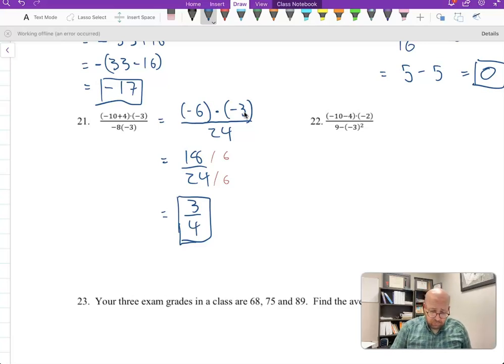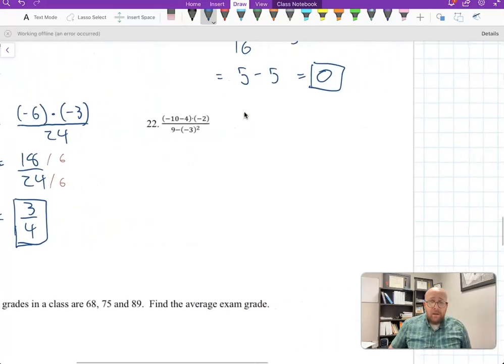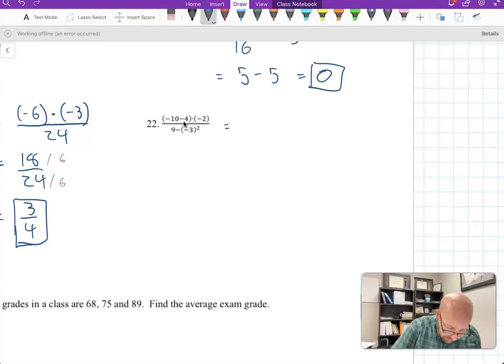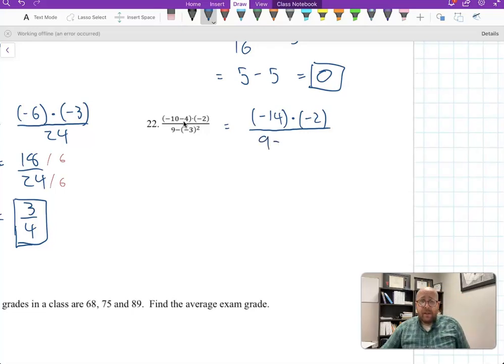Problem 22. Looking at our numerator, we can evaluate negative 10 minus 4. Negative 10 minus 4 is a negative 14. That's going to multiply negative 2. And in our denominator, we have 9 minus negative 3 squared. Now, that's all of negative 3.